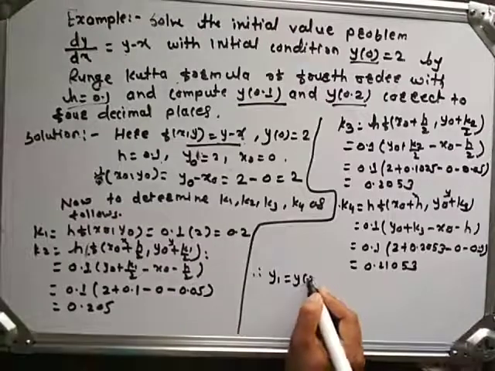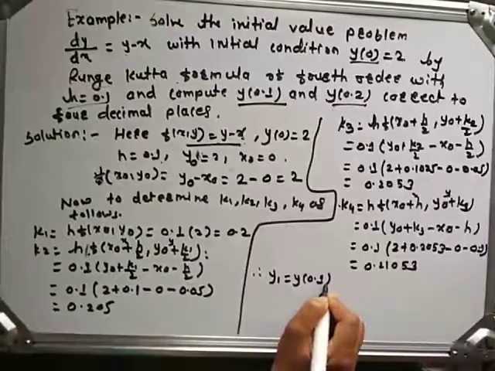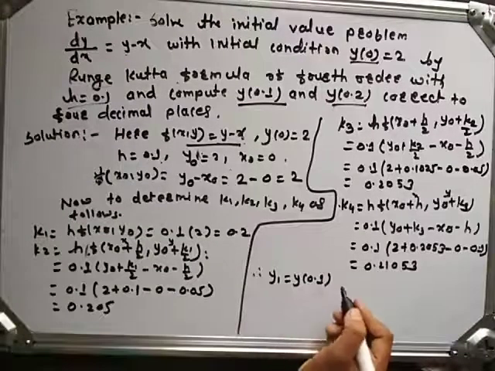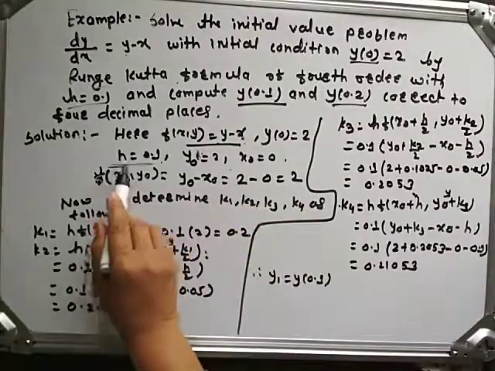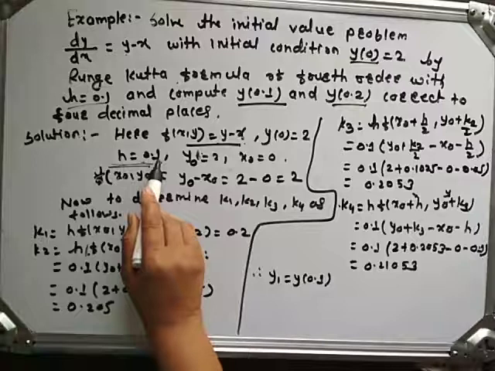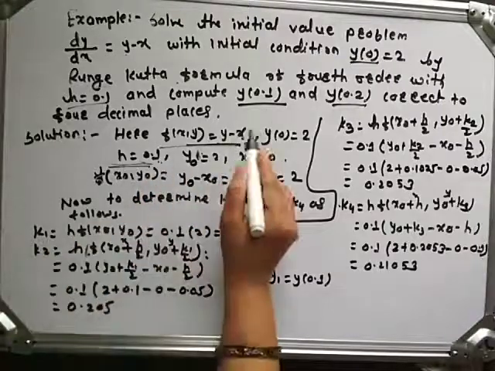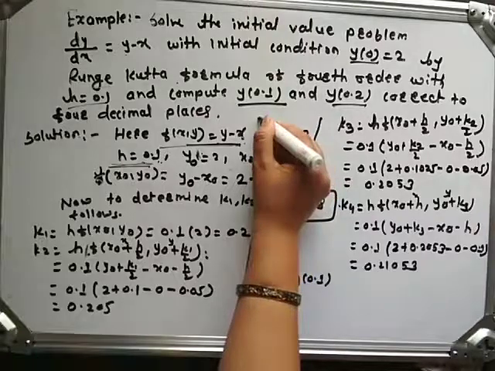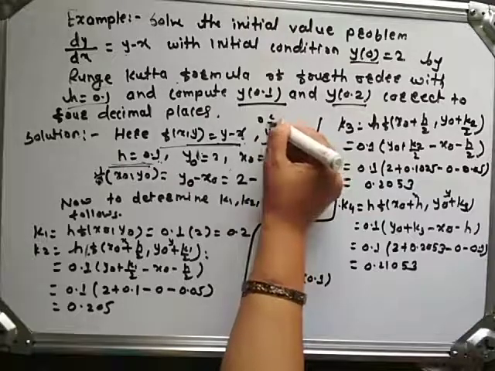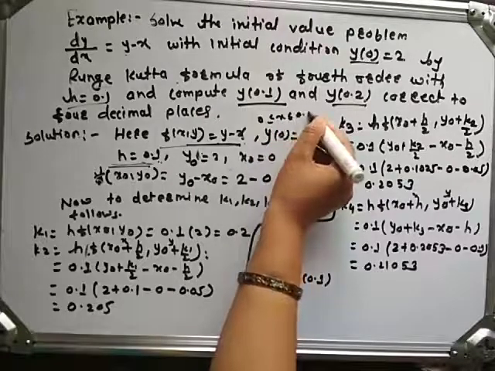Okay, therefore our formula is y1. y1 means y of 0.1. Here the interval of differencing is 0.1, so in this case x lies between 0 and 0.1.